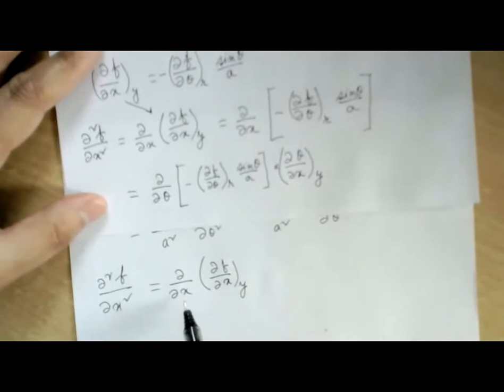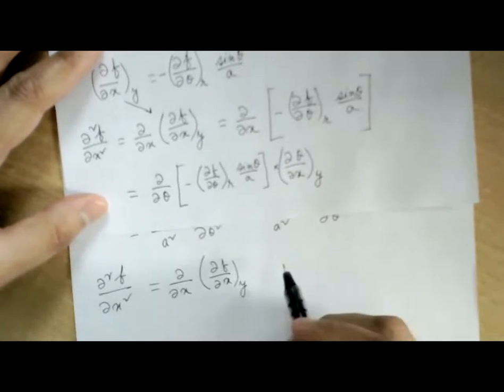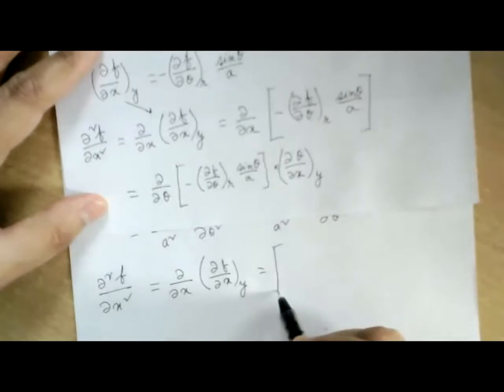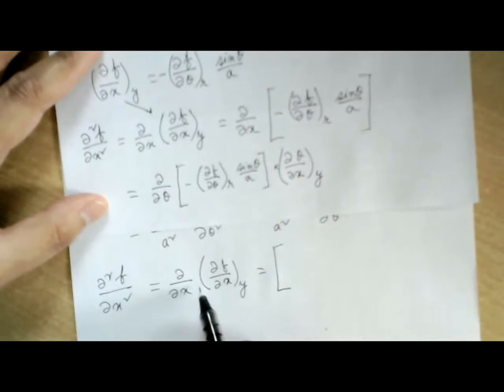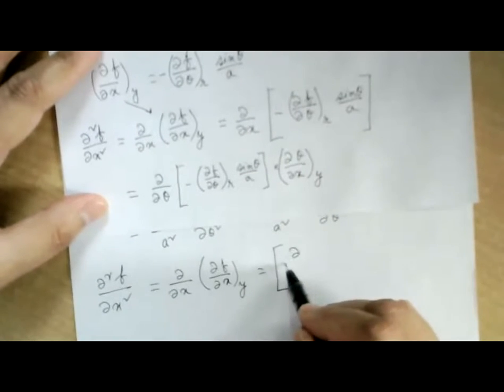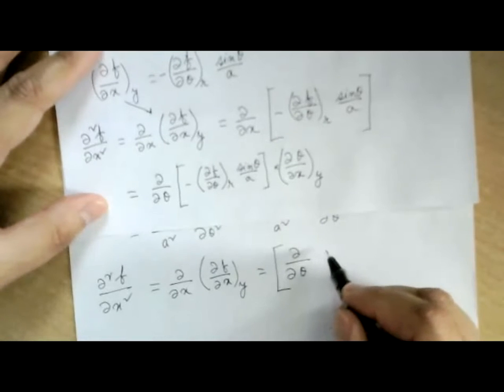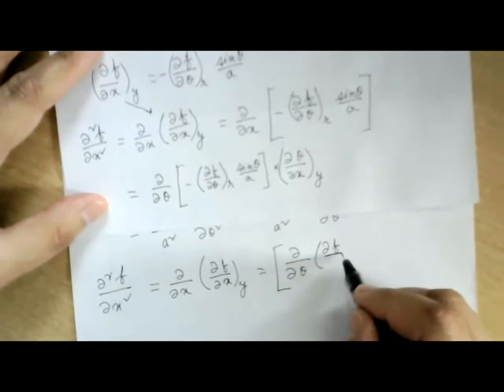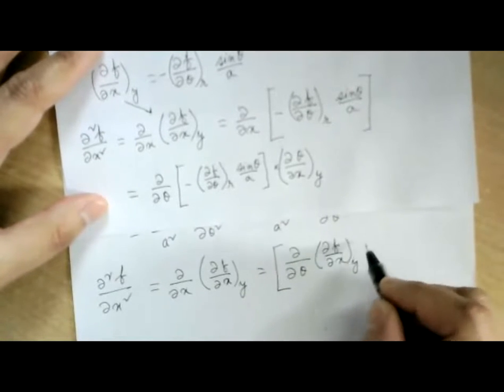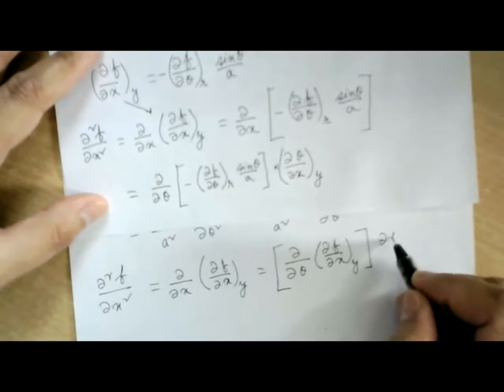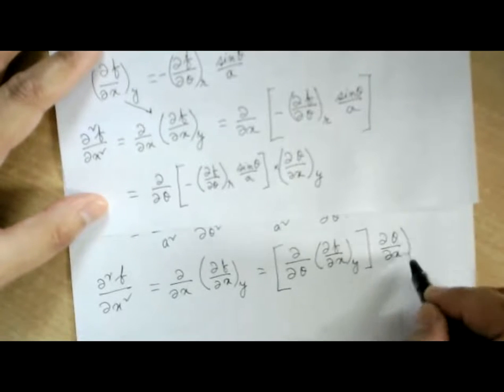Now this differentiation with respect to x can be expressed as differentiation with respect to theta: del by del theta of del f by del x at constant y, times del theta by del x at constant y.